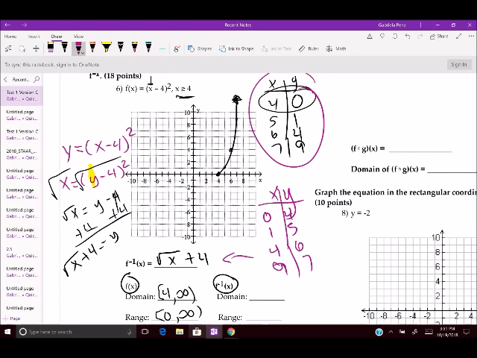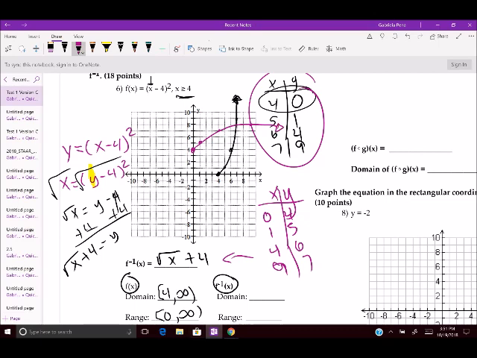If I were to plug in a 0 there, that's exactly what would happen. So when you sketch this one, it starts at 0, 4, 1, 5, 4, 6, and 9, 7. And this graph goes like this.